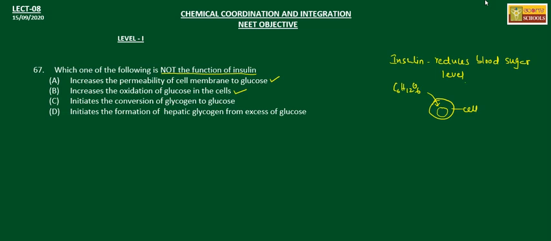Then the third option: initiates the conversion of glycogen to glucose. No. If insulin converted glycogen to glucose, it would increase blood sugar level, so it is not the function of insulin.